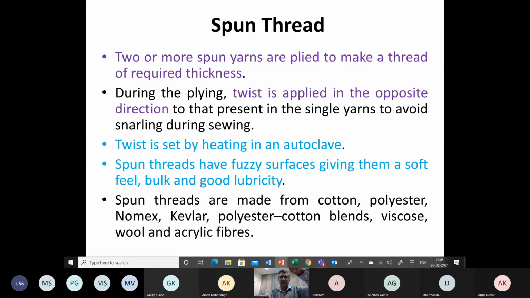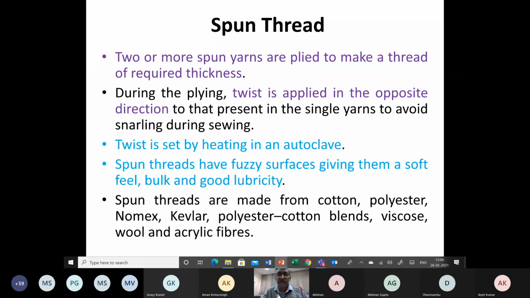So the single yarn is in a straight line, right? Can you see? Yes, sir. Now the moment the tension is released, it is twisted together. Yes, sir. So this is called snarling, right?